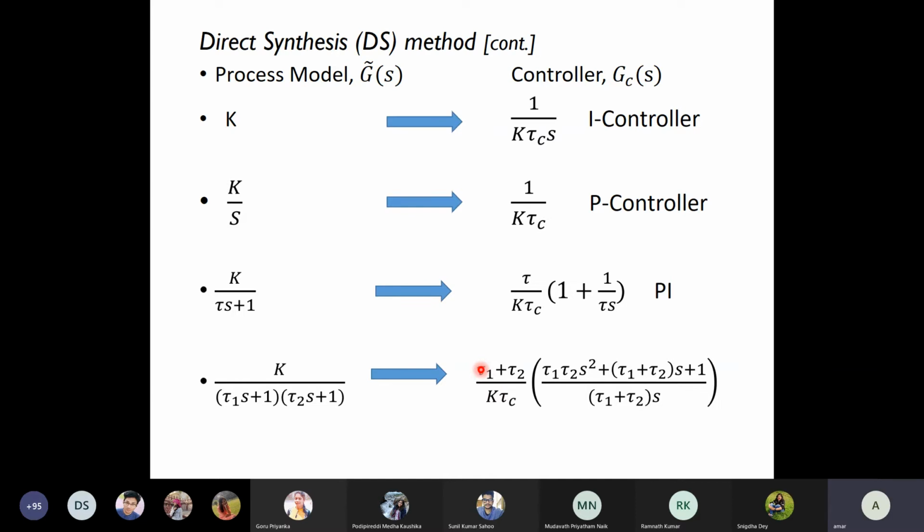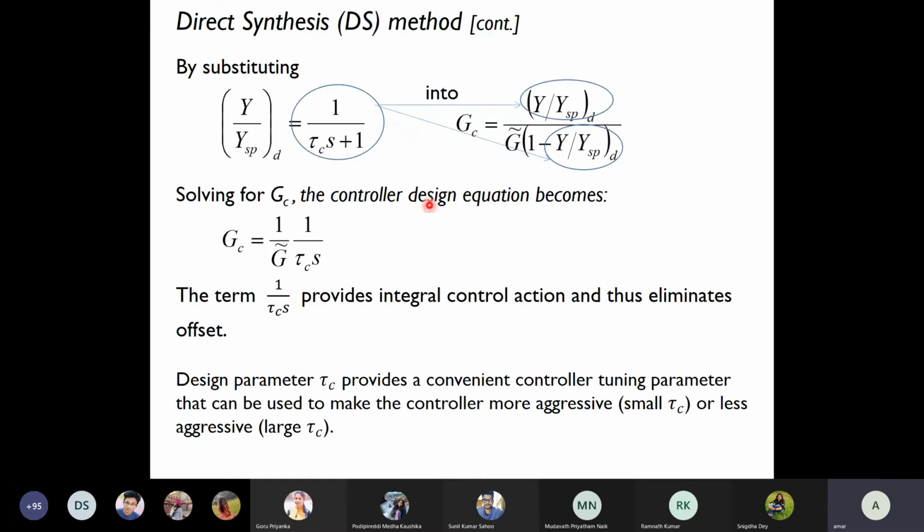Now let us go to the first order with dead time process. If I use the same desired response, then I am telling the process to eliminate the dead time, which is an inherent characteristic of the process, and that is not possible.